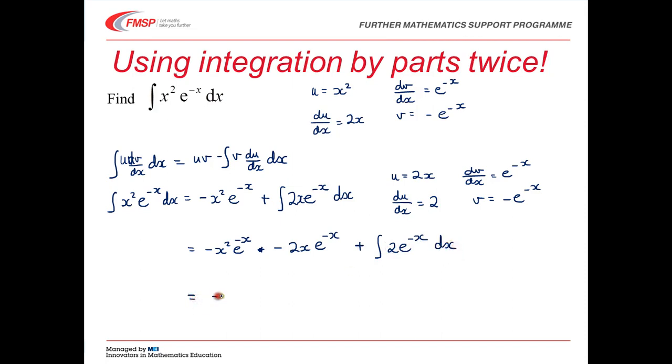And I can do that one. So I've got minus x squared e to the minus x minus 2x e to the minus x minus 2e to the minus x plus constant. It's not terribly difficult, but you do need to keep a clear head.